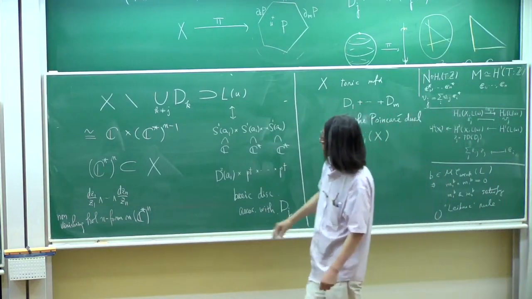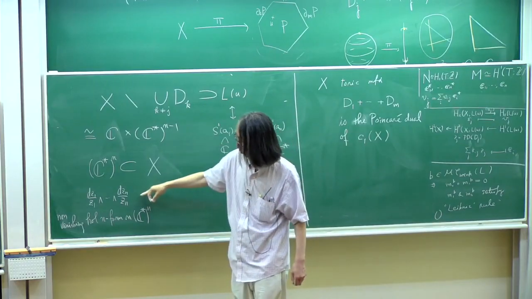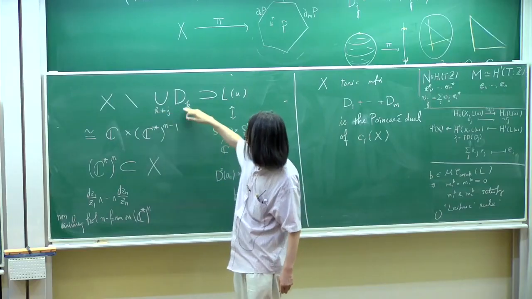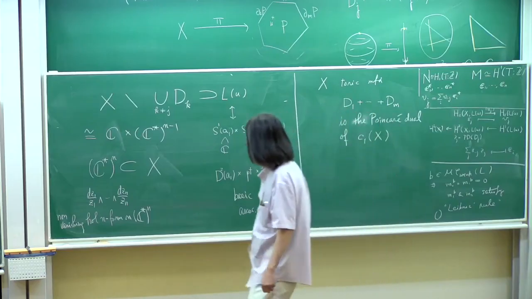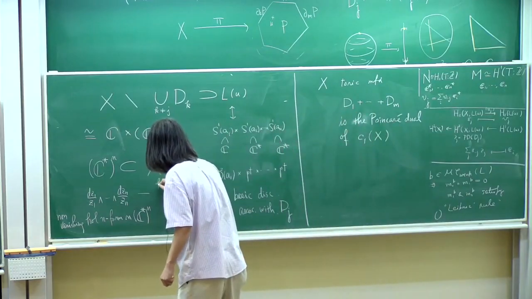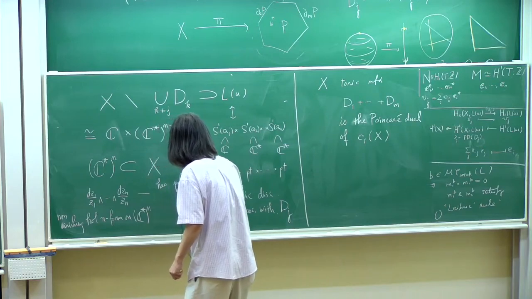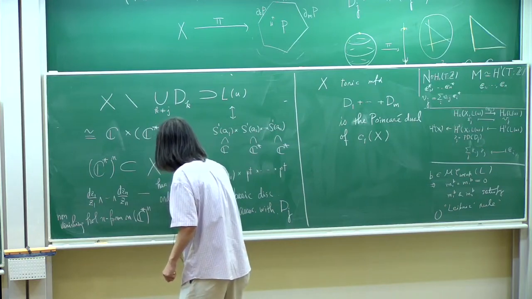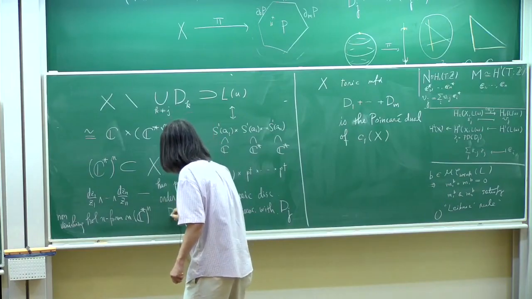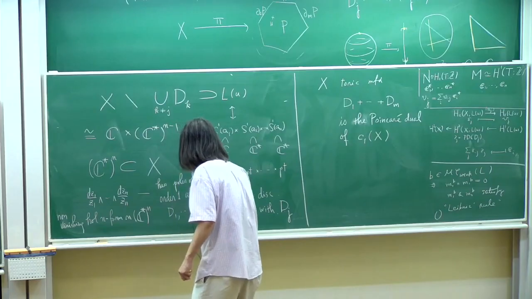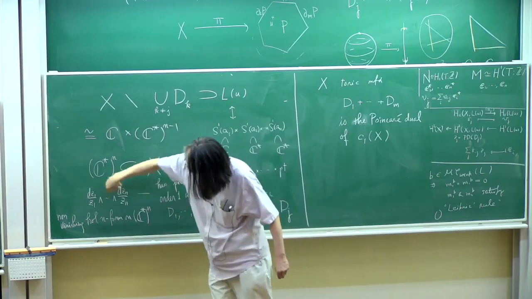If you look at this, you can see that this n-form has a pole of order 1 along each Dj, along D1 through Dn. You change the basis, and then you can also change this description.